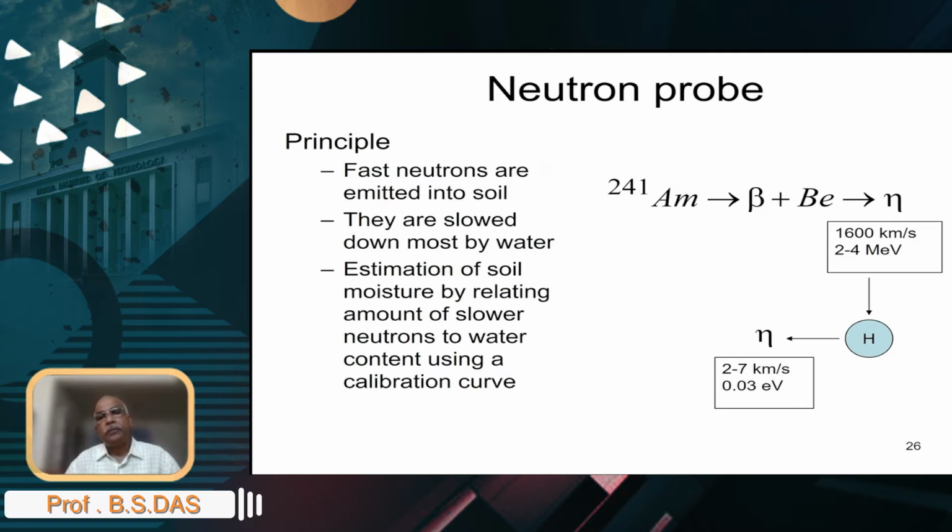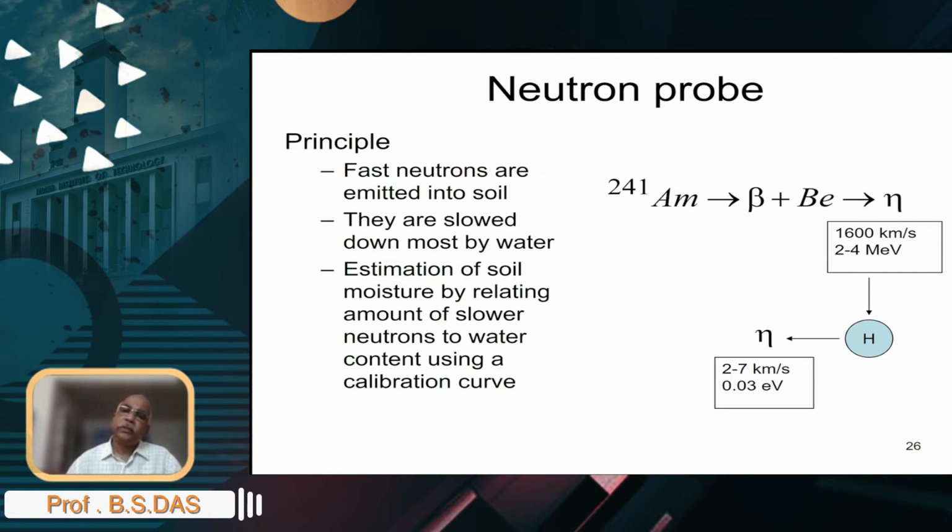electron volts. They are very fast, 1600 kilometers per second. These fast neutrons, with such high kinetic energy, collide with different atoms.